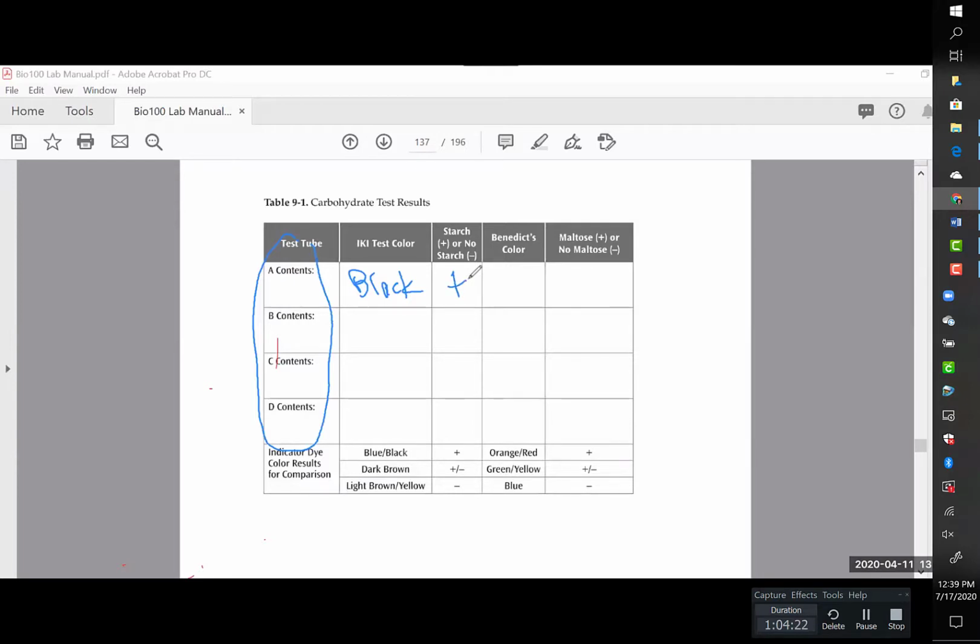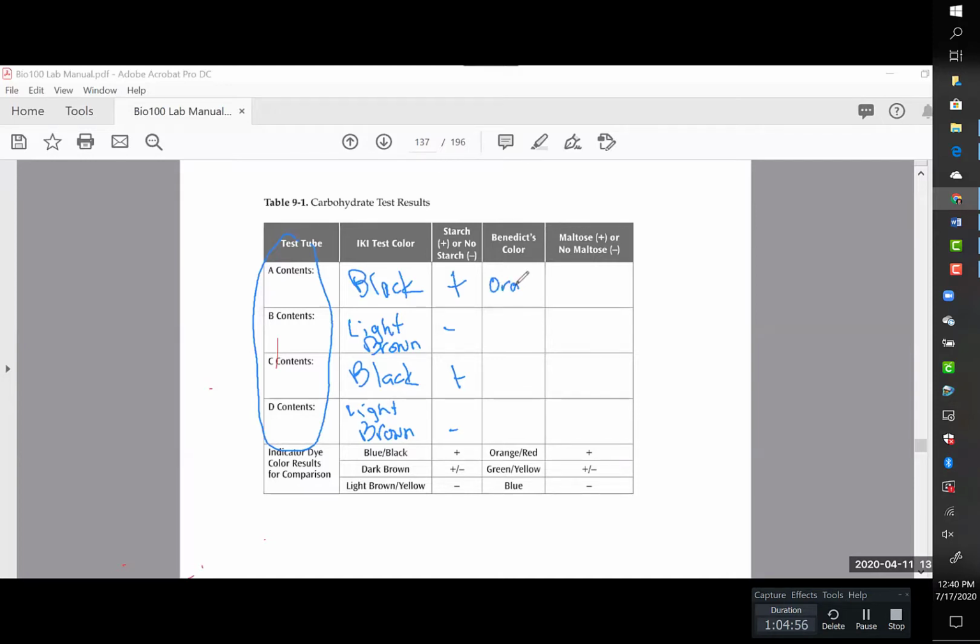For test tube B, we were light brown, and then no starch. Test tube C, that was our control, black, positive. And test tube D was again light brown, and a negative there.